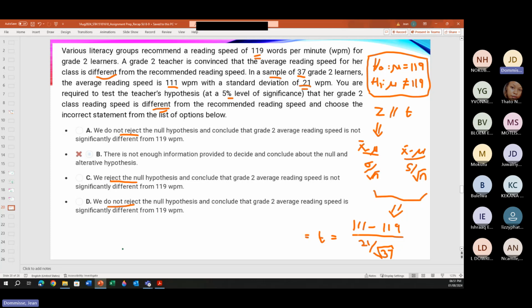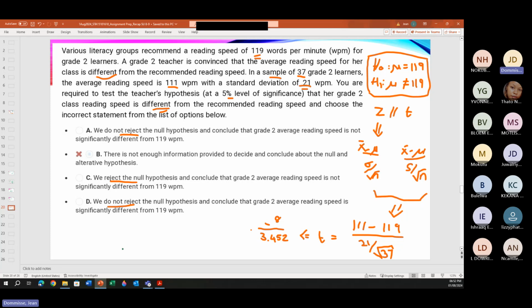So 111 minus 119 gives us minus 8. Then 21 divided by the square root of 37, I get 3.452.